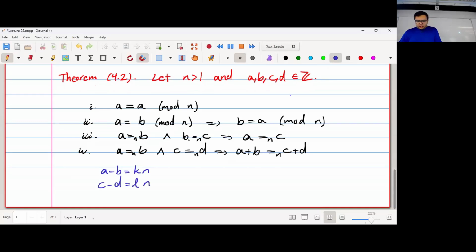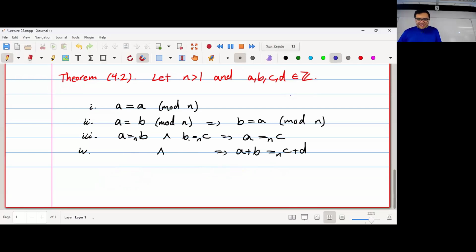So what is a plus b minus c plus d? What am I doing? Wrong order. This is what happens when something is too trivial. I write it wrong.